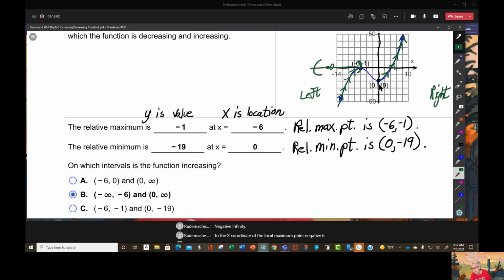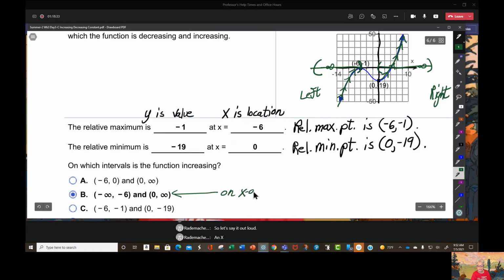And the x coordinate of the local minimum point out to positive infinity, all on the x-axis. So that should be -infinity to -6, 0 to infinity right here. So let's say it out loud. On the x-axis.